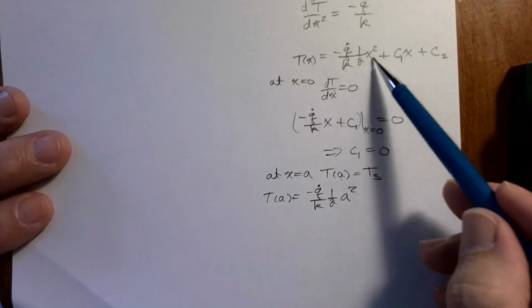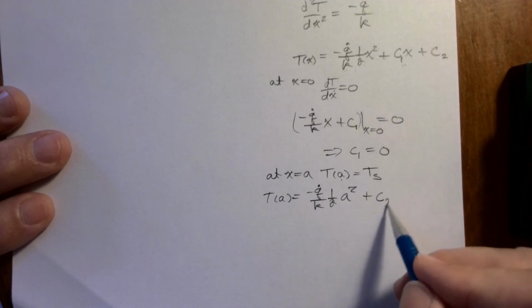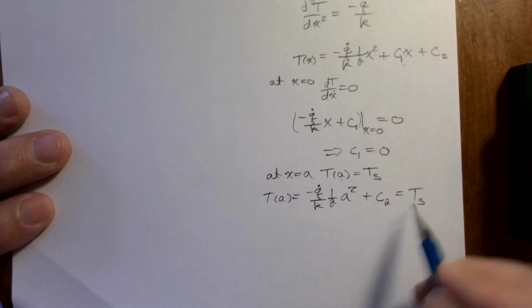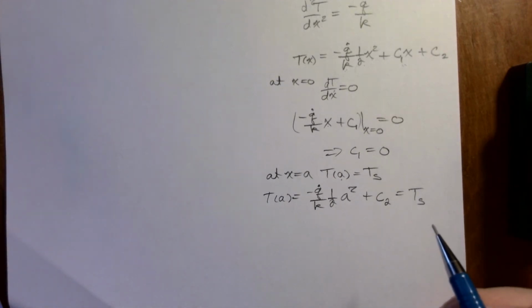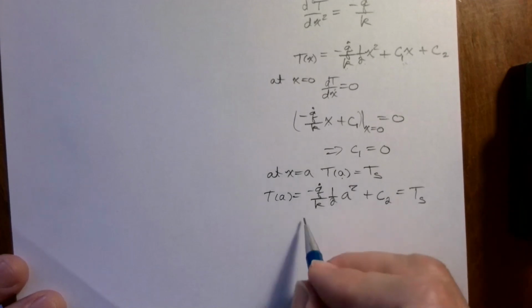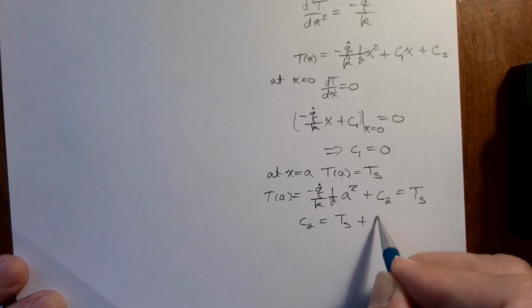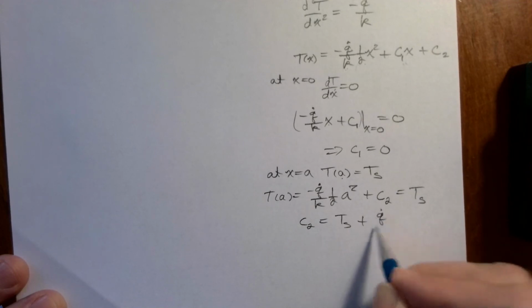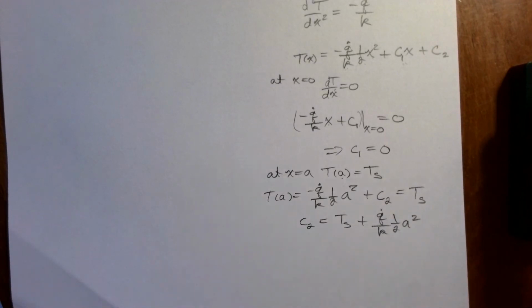That's the first term. That was 0. Plus C2. This has to be equal to TS. So that gives us an expression for C2. C2 is now equal to TS plus Q dot over K times 1/2 A squared.